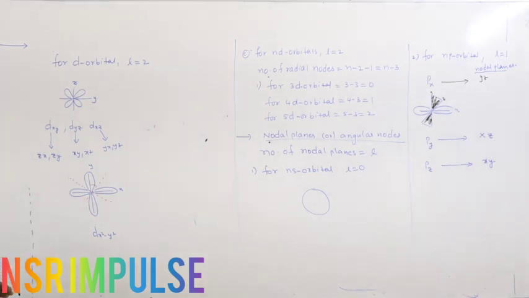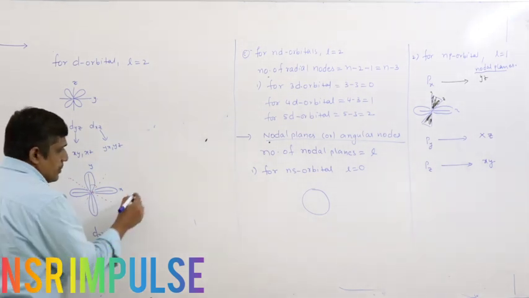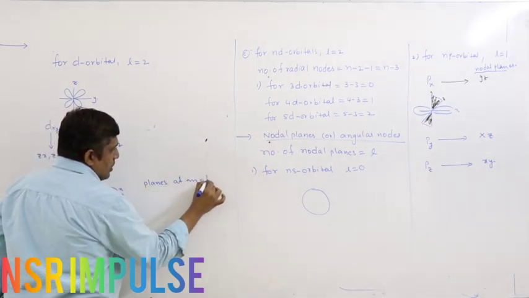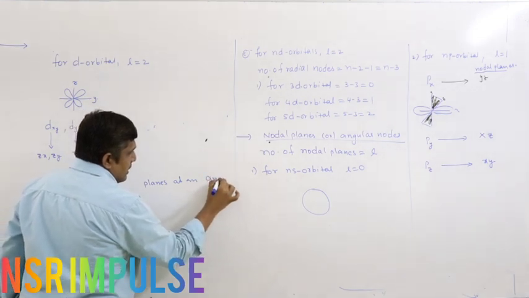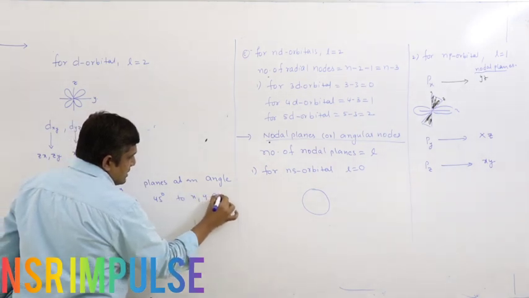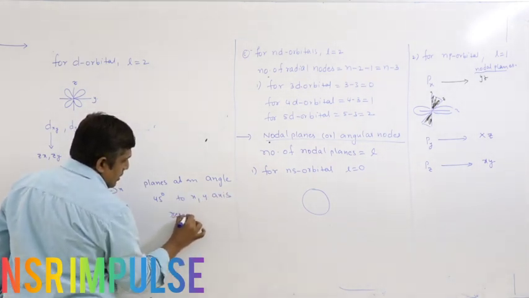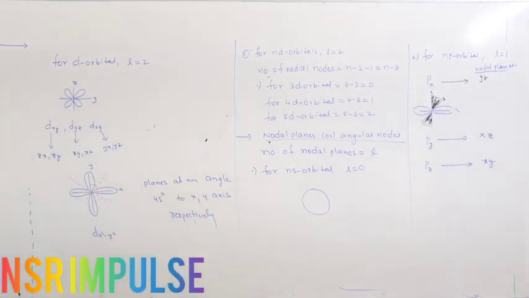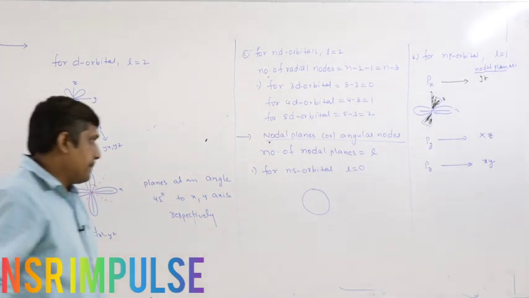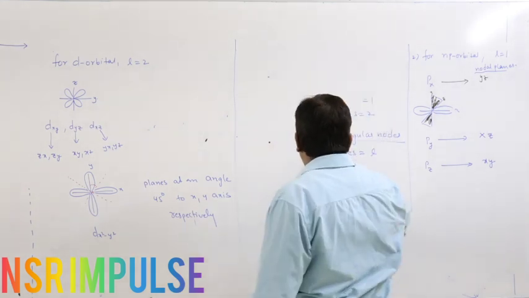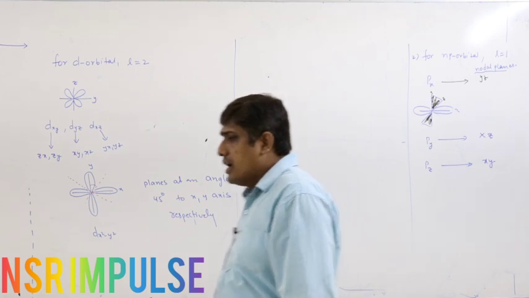These two planes don't have any lobes, hence they are considered as nodal planes, because they don't possess any part of the lobe. A lobe is nothing but the space or volume where there is probability of finding an electron.